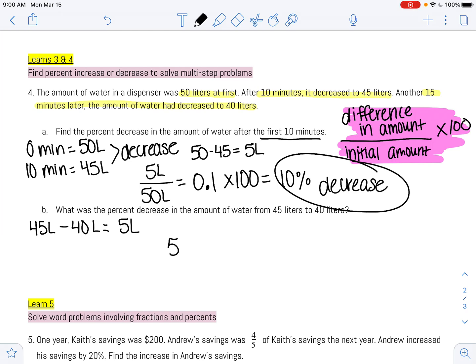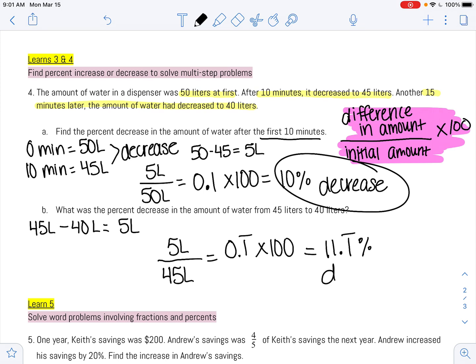With 5 liters, that's our change over the initial amount, which in this case is now 45 liters. When we divide these, we get a repeating decimal of 0.1 times 100 to make it into a percent. We'd have 11.1% repeating, and that's again a decrease.